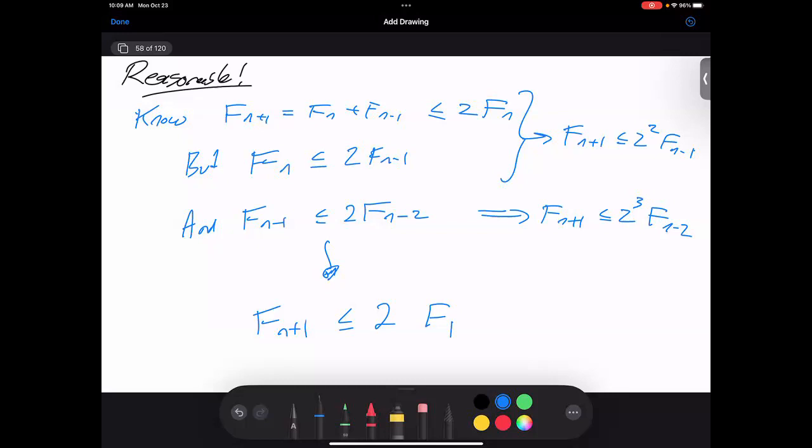Every time we decrease the Fibonacci index on the right, we increase the power by 1, so there's no change in the sum of the power and the index. Power plus index is always equal to n plus 1. So if my index is 1, the power has to be n. So we know f_{n+1} is at most 2 to the n times f_1, which is just 2 to the n.